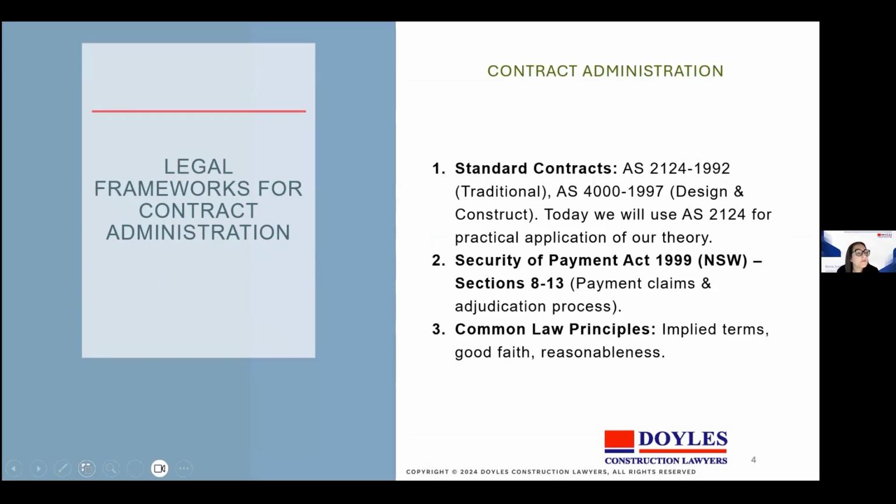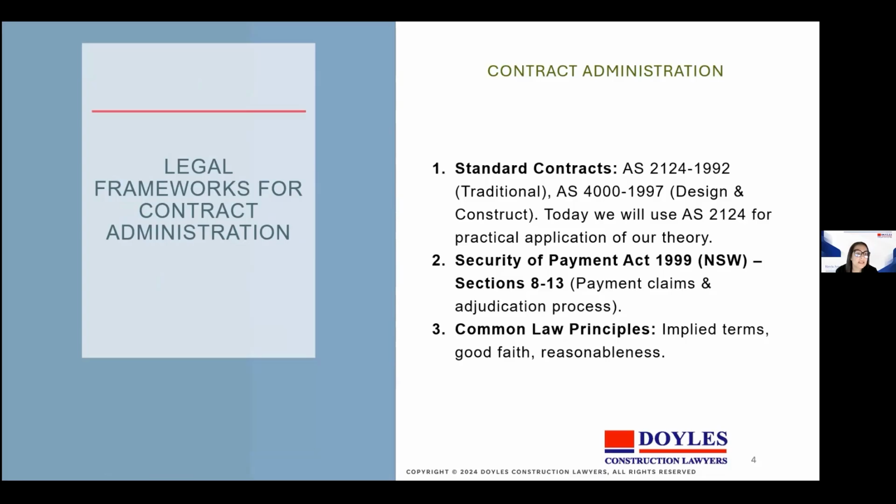So, legal frameworks for contract administration. We've identified 3 standard contracts, which I'm hoping most of you are familiar with, the Australian Standards. So the AS 4000s, which is the D&C. Today we're going to be using AS 2124, which is the traditional construct only, for practical application of our theory.